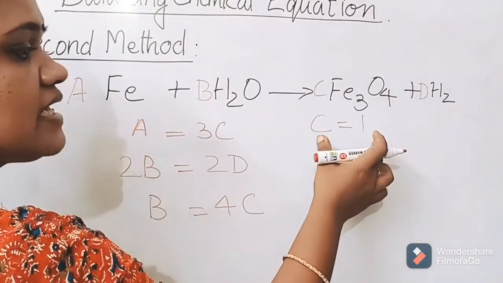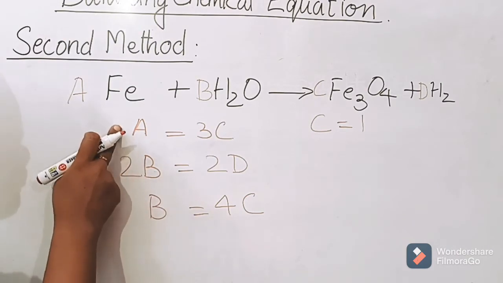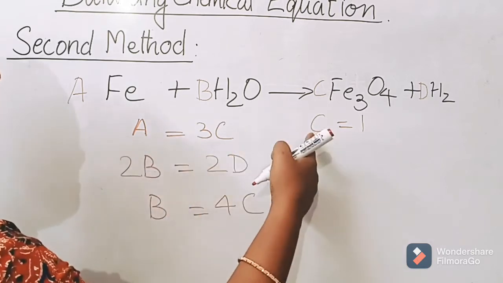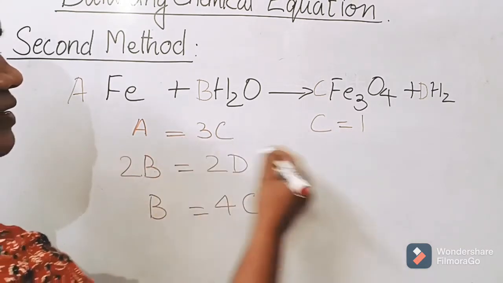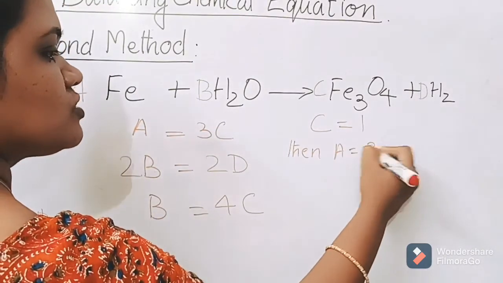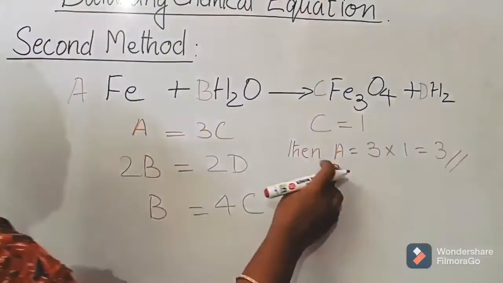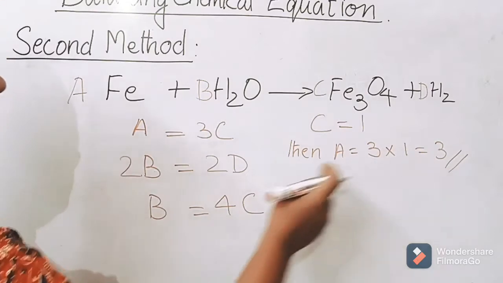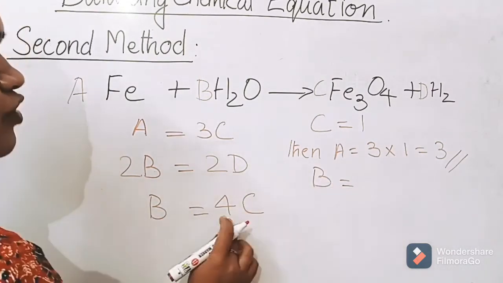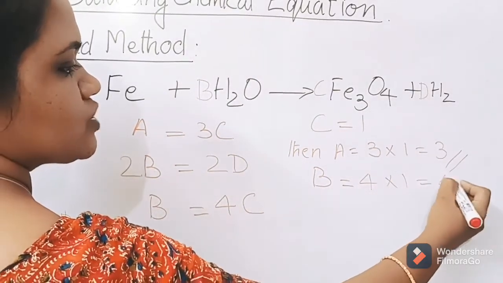Now we will find out the values of A, B and D. When C is equal to 1, then A is equal to 3 into 1, which is 3. So the value of A will become 3. Next, B is equal to 4 into C. That means 4 into 1 is equal to 4.